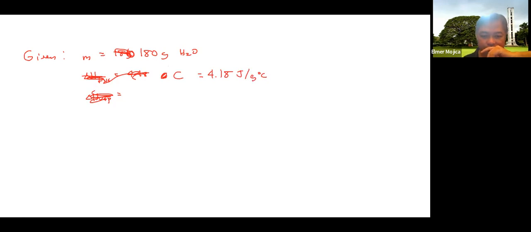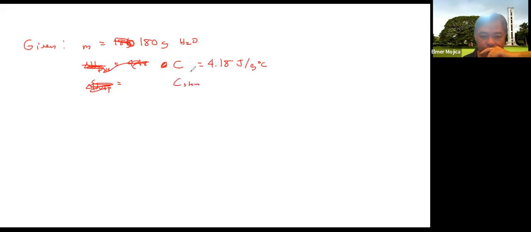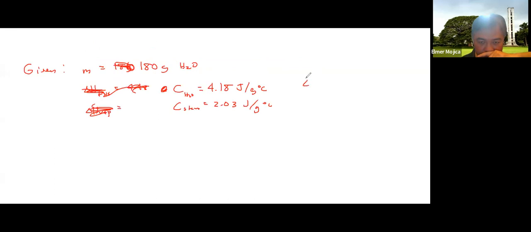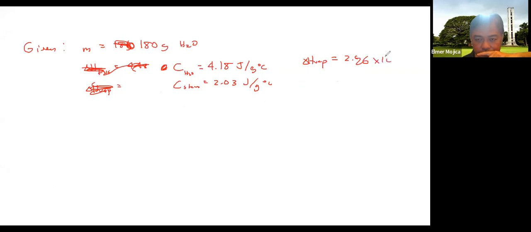And then the other one is 2.03. But kailangan mo pa rin dito ng heat of vaporization: 2.26 times 10 to the 3 joules per gram. So hindi siya moles, kundi grams.